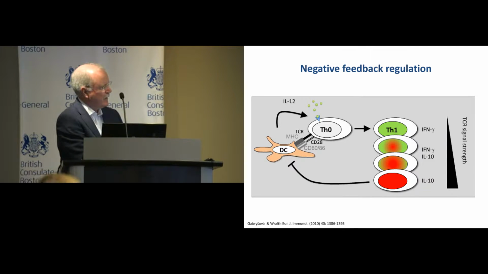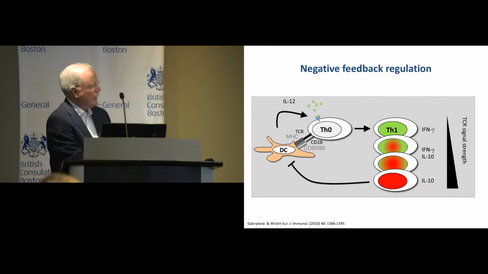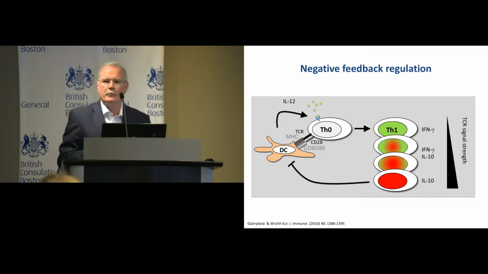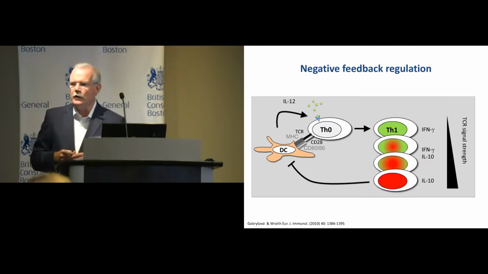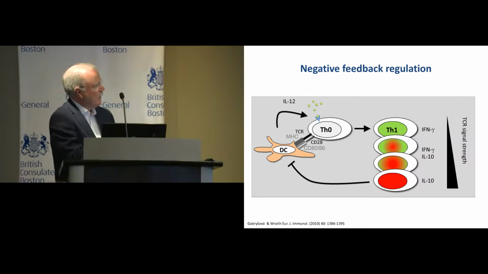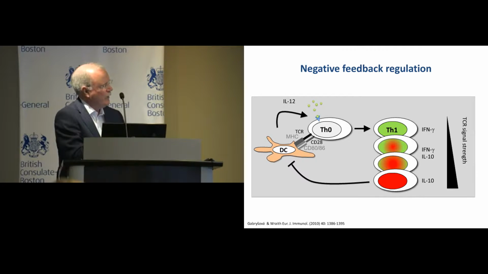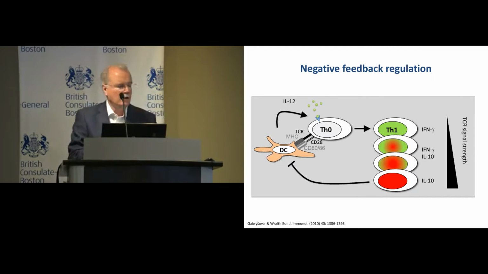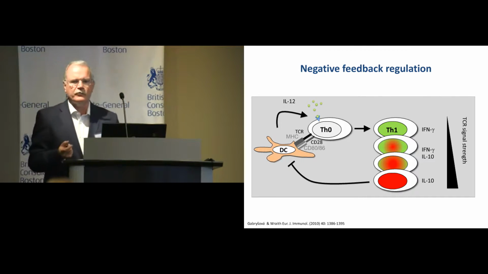The interleukin 10 then feeds back on antigen-presenting cells, downregulating expression of the co-stimulatory molecules CD80 and 86, downregulating MHC class II, but most importantly of all, blocking IL-12 secretion. These cells are then no longer capable of stimulating differentiation of any further Th1 cells, right? So this, in fact, explains the process of linked and bystander suppression.